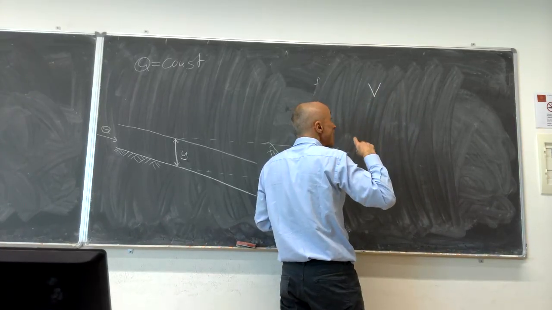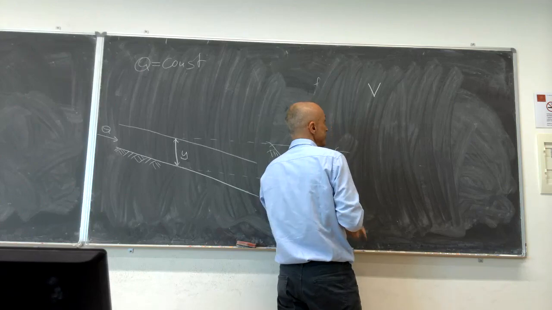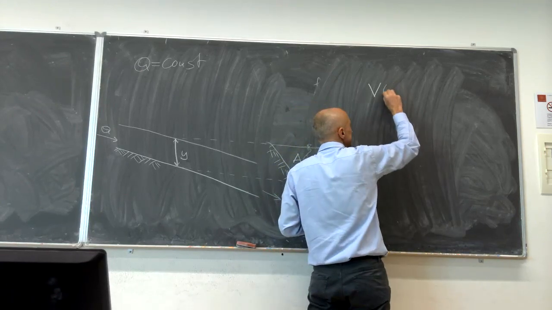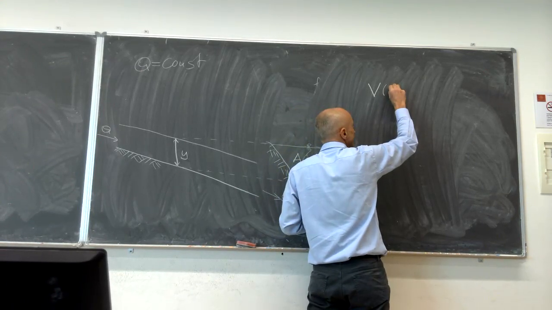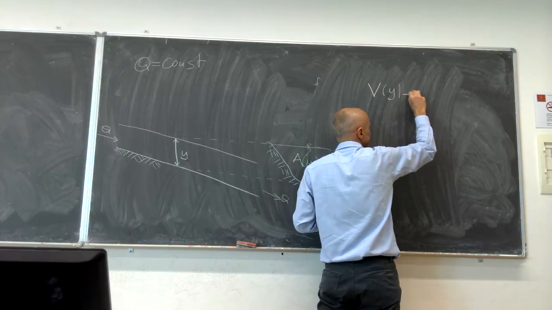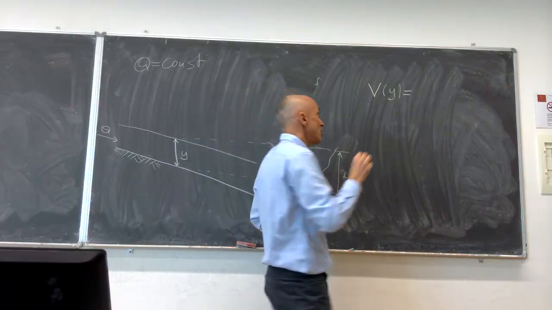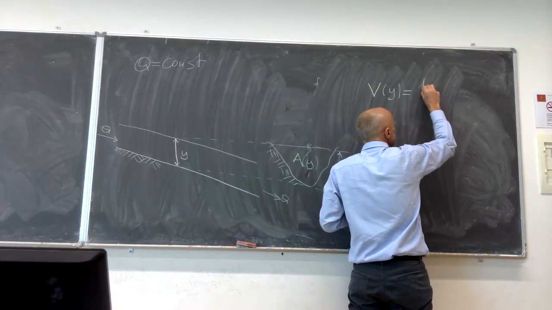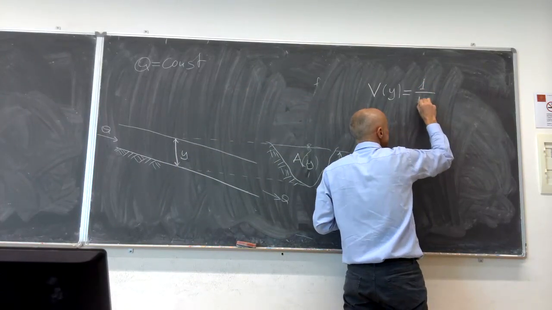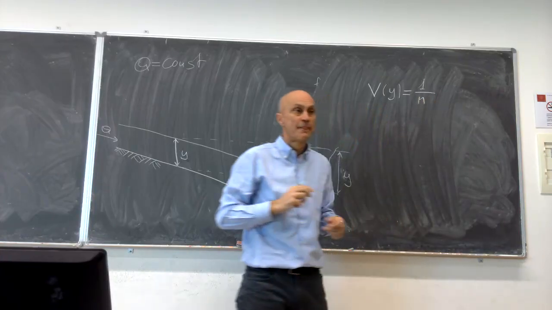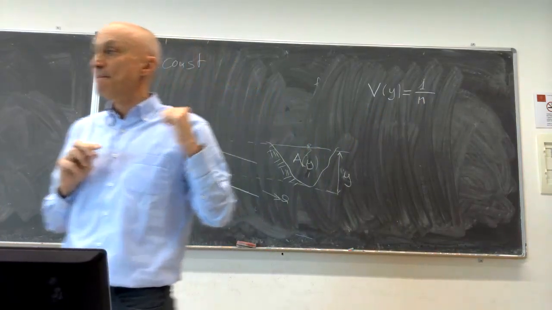In this expression of empirical origin, you see an empirical coefficient n. This is called the Manning number, and it expresses the roughness of the riverbed, so the resistance that the riverbed offers to the stream.